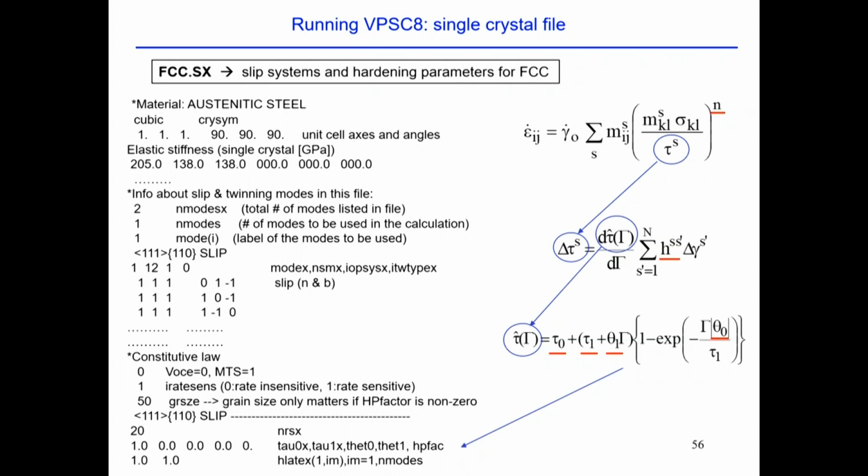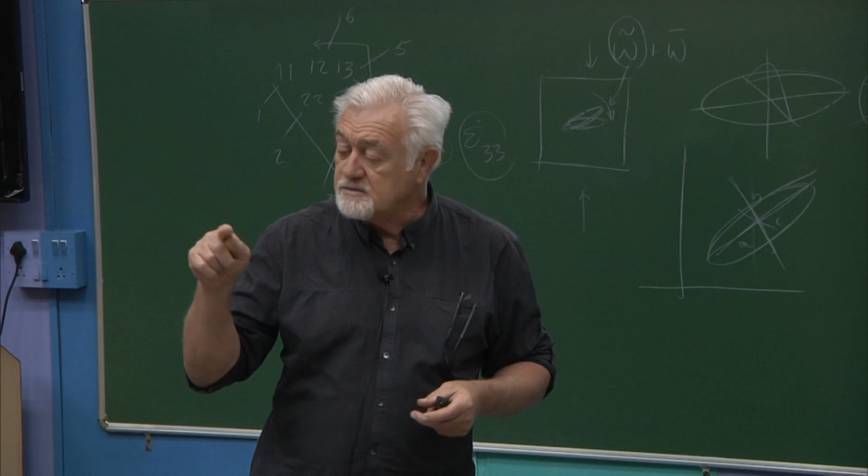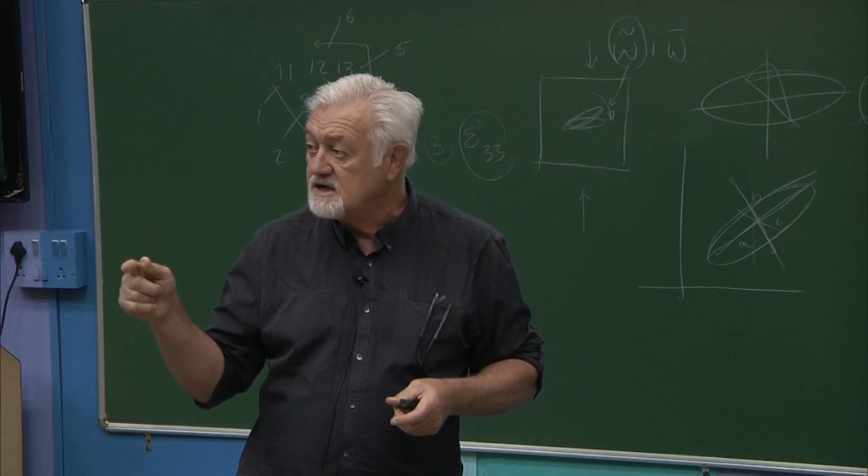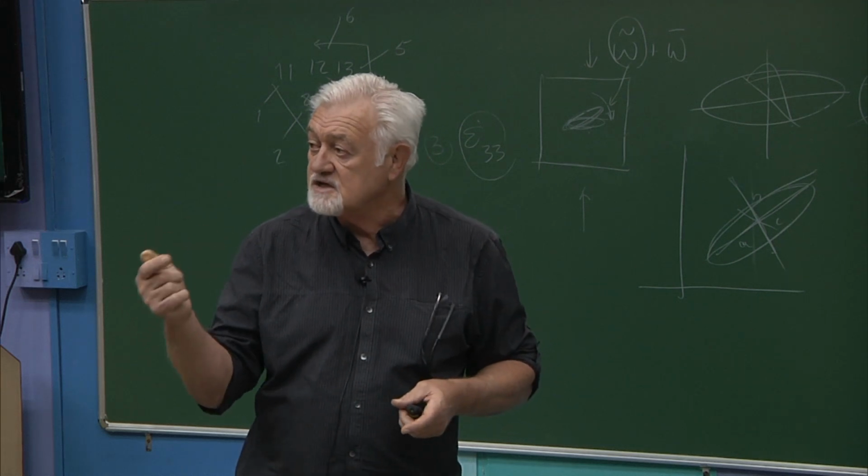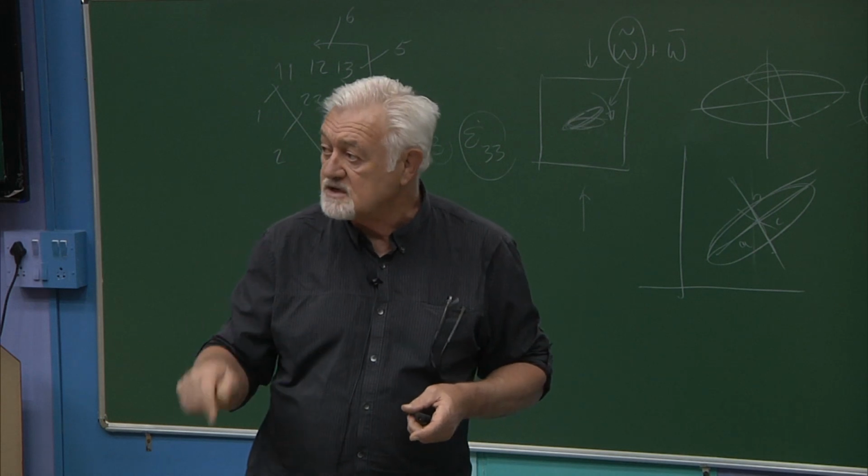So you say, I'm going to use the Voce law. This is important because each constitutive law in the code has a specific subroutine. That subroutine is used to update the critical stresses in the systems. So when it comes to updating the critical stresses in the systems, you have to send the code to the right subroutine.